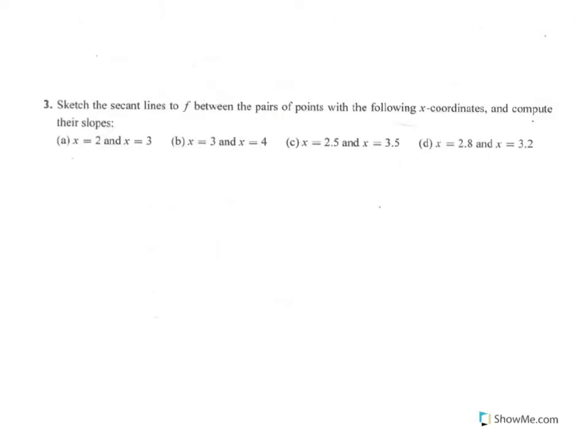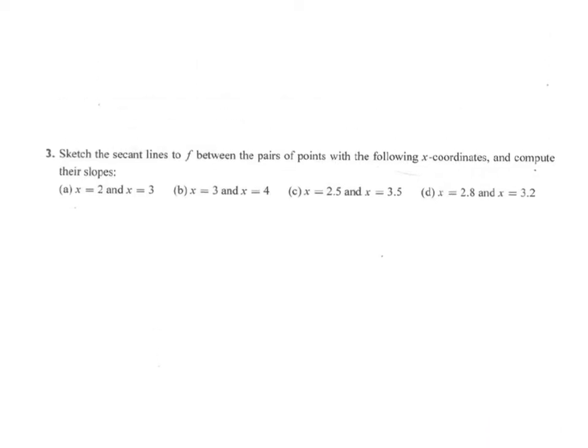Now for problem 3 here, in order to find the slopes between each of these intervals, we have to use that average rate of change formula that we learned in pre-calc. And remember, the average rate of change formula is if you're given some function, let's say y equals f of x, over some interval a to b, then the average rate of change, or slope in this case, would be rise over run.